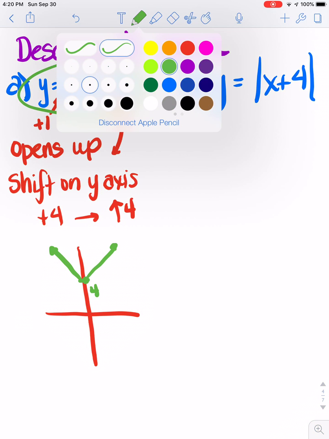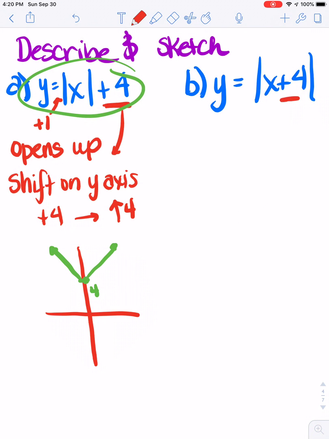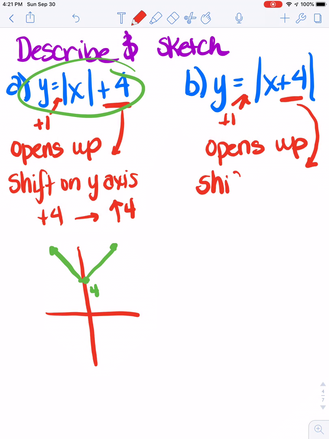Okay, now, on this one over here, there's kind of two pieces I have to look at. First of all, no number there, so I assume it's positive 1. So that means it opens up. If I have a plus 4 on the inside, first of all, that is a shift on the x-axis.